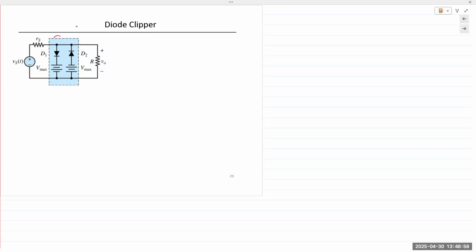So our diodes are right here. Let me analyze this with, let's say, a simple circuit first. So we have a circuit where we connect a diode this way. And there's our output load resistor. Okay.